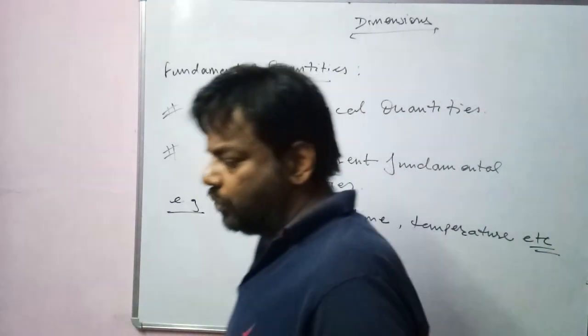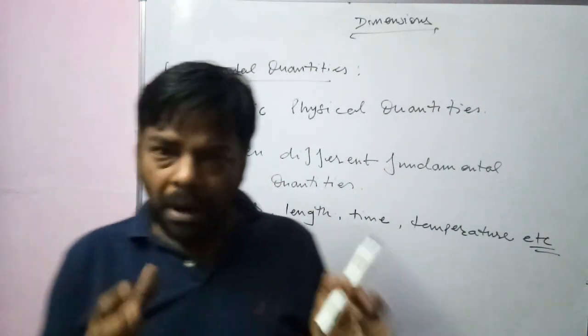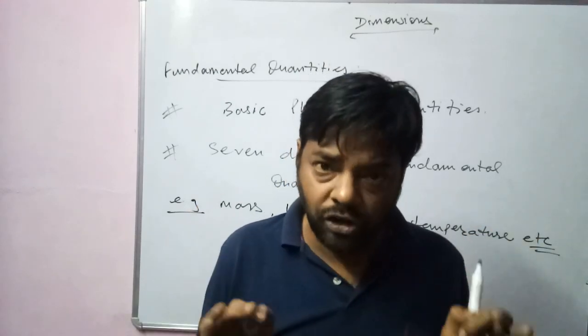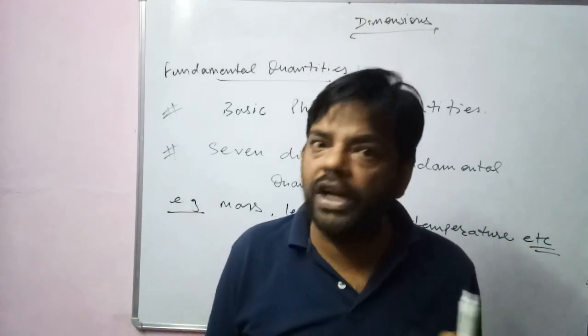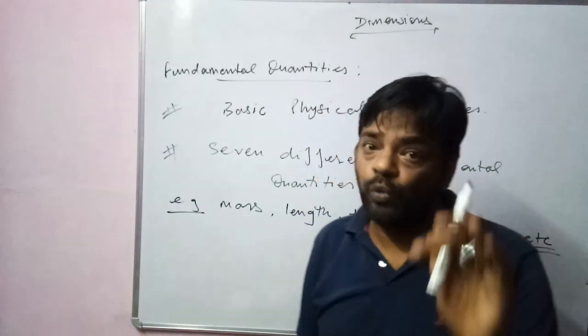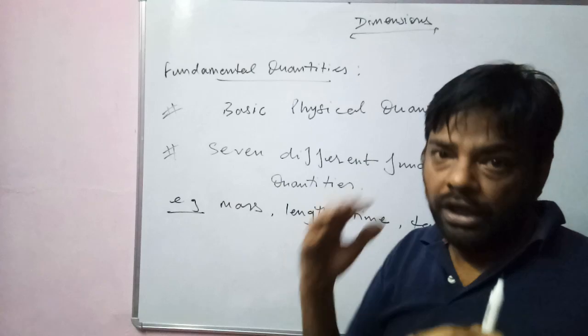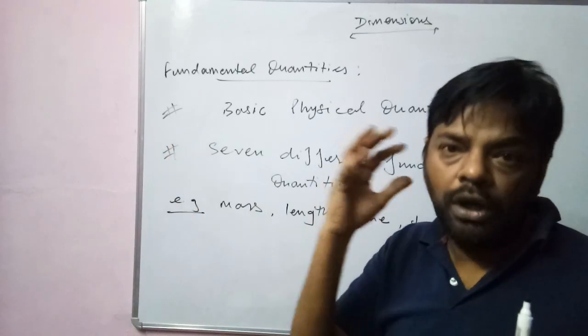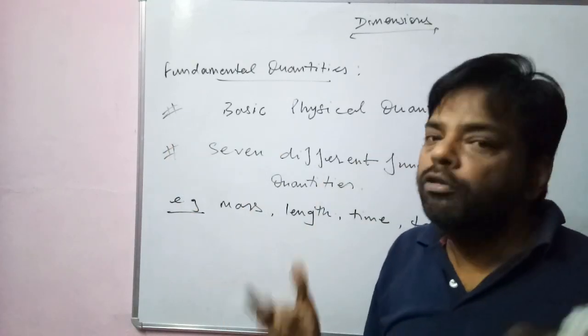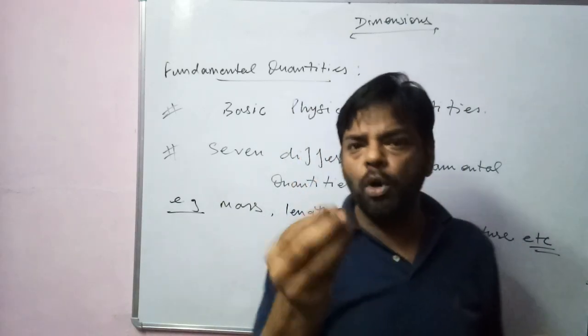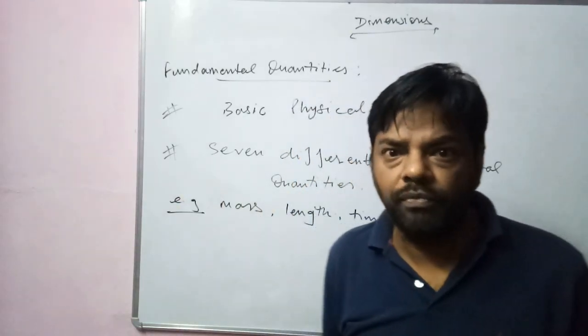Now, remember one thing, students. The mass of any body, why is it a fundamental quantity? It is a fundamental quantity because the mass does not depend on time. For example, suppose you have a book and the mass of the book is 200 gram.